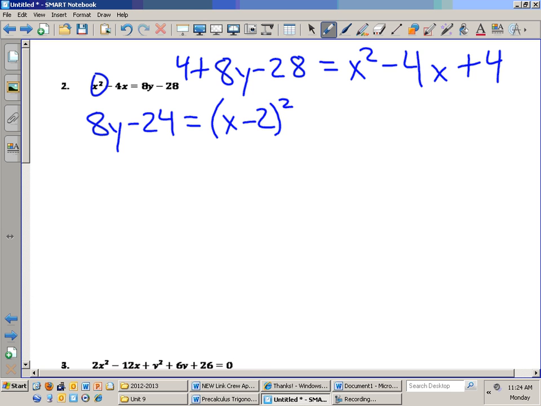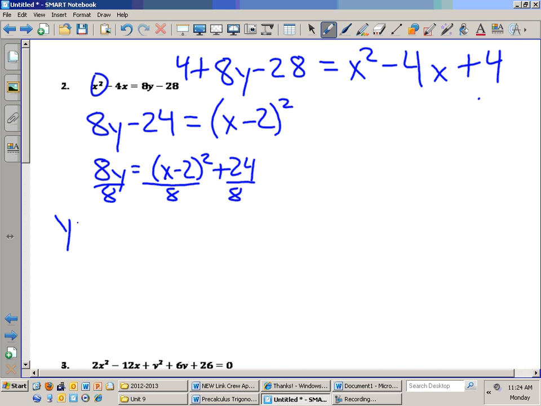I'm going to just add the 24, then divide by the 8. I took this, divided by 2 and squared. Completed the square. So I have 8y equals x minus 2 quantity squared plus 24. Divide by 8. y equals 1 over 8 times x minus 2, quantity squared, plus 3. Beautiful.